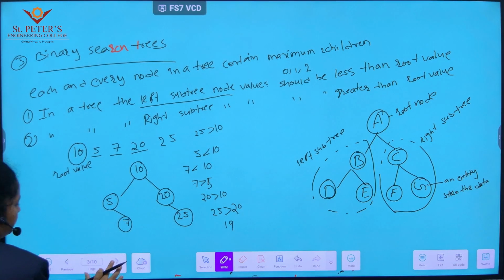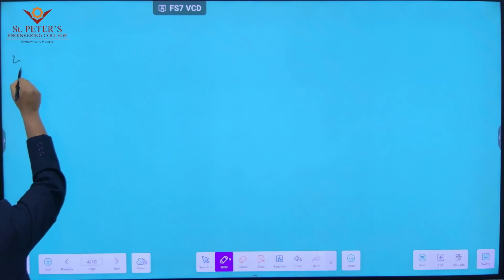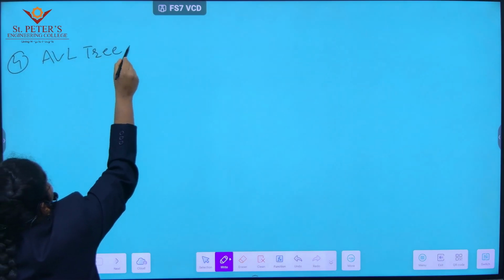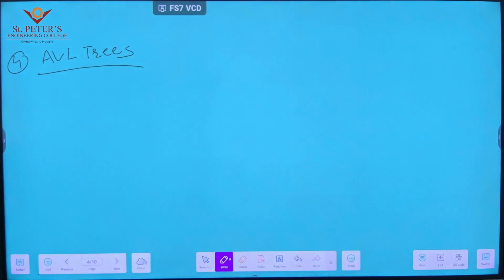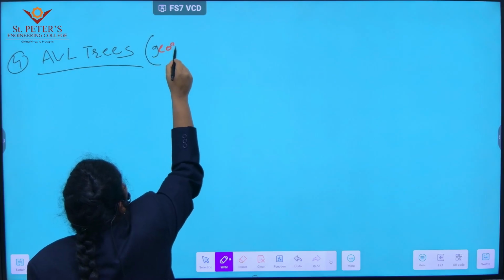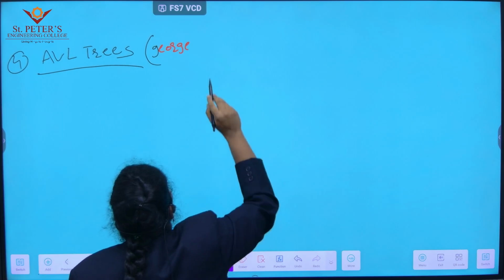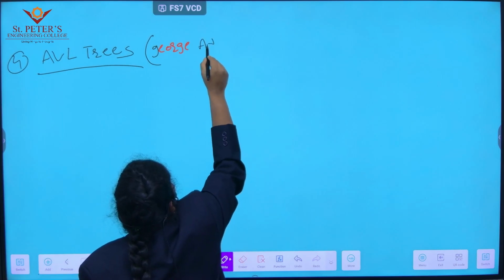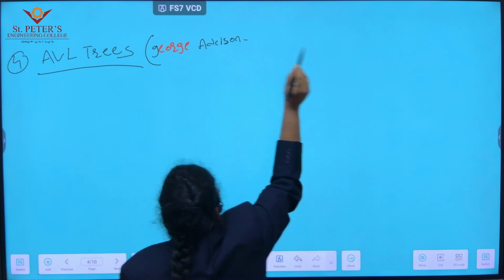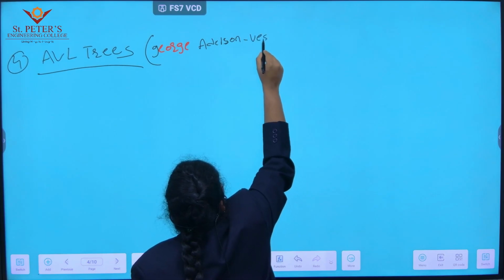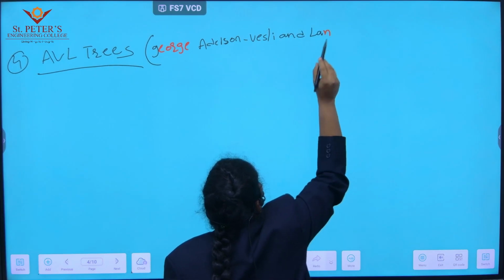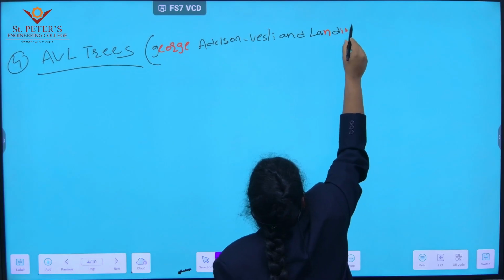And next is AVL trees. The AVL tree was invented by George Adelson-Velsky and Landis.